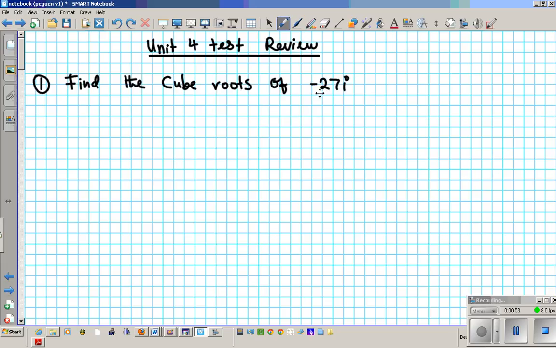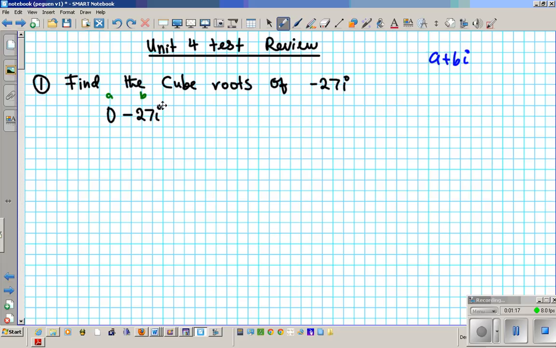So if we want to find all the cube roots, we're going to have 3 answers, okay? So first thing we're going to do is express this in a plus bi form, so I can know what the a and the b are. So this is going to be 0 minus 27i, okay? So 0 is my a or my x, negative 27 is my b or my y.